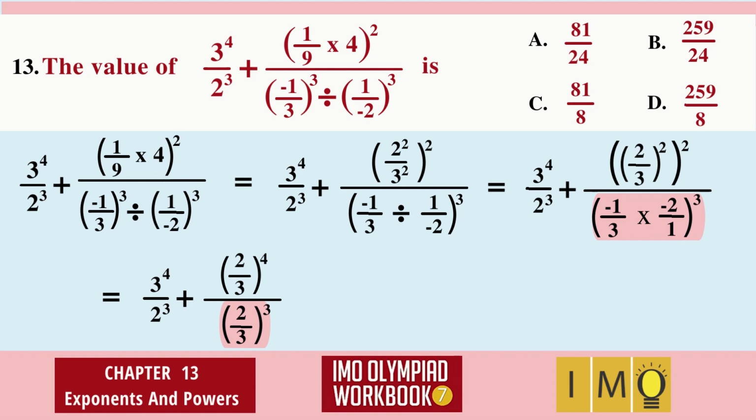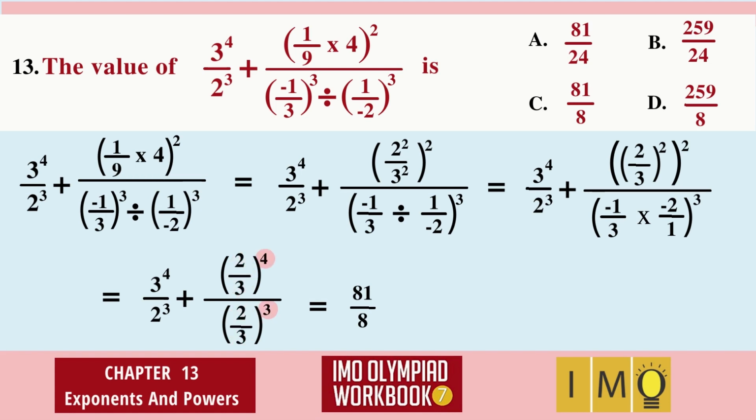In the next step, let's find the value of 3 to the power of 4 by 2 to the power of 3. That is 81 by 8. In the second term, the numerator and the denominator have the same base but different powers.